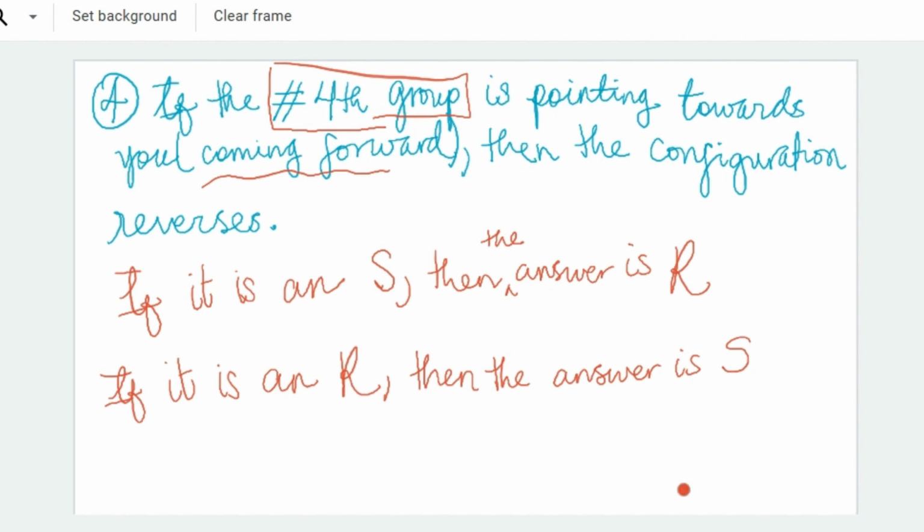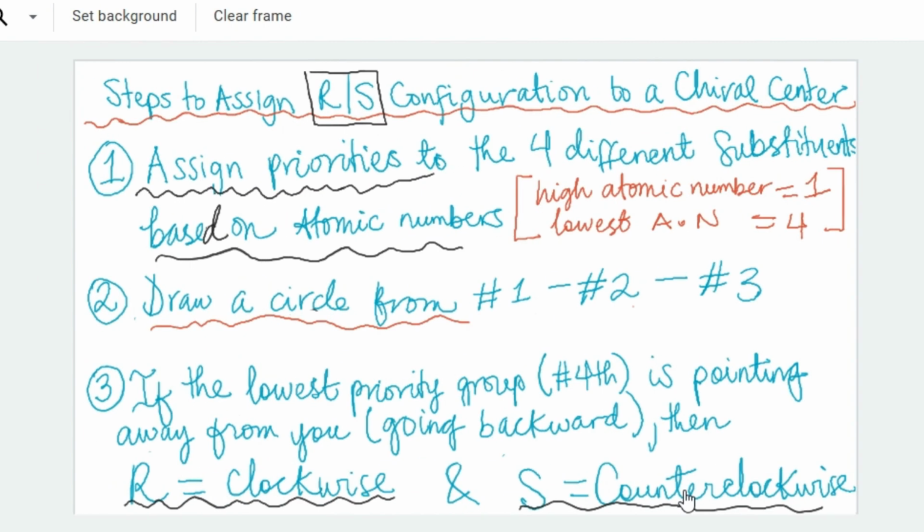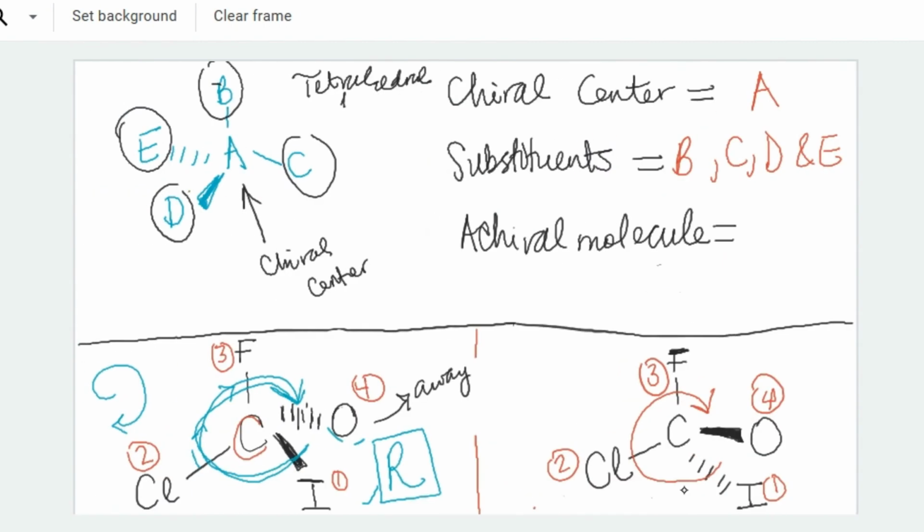So normally, if it is supposed to be an S configuration, you reverse it to get an R, and if it is an R configuration, you reverse it to get an S. So we see that the circle is actually going in a clockwise direction.